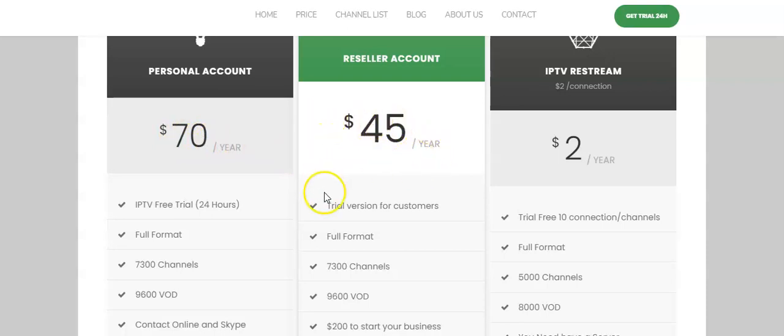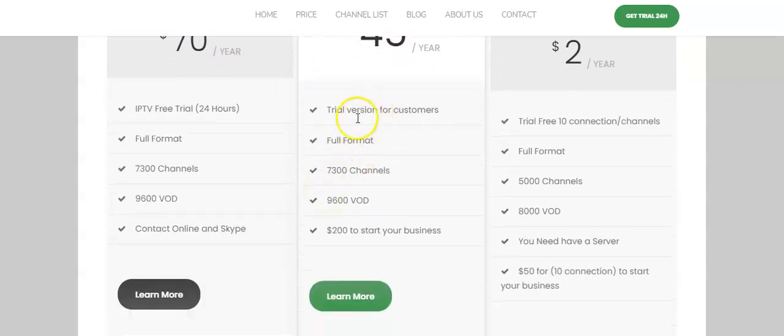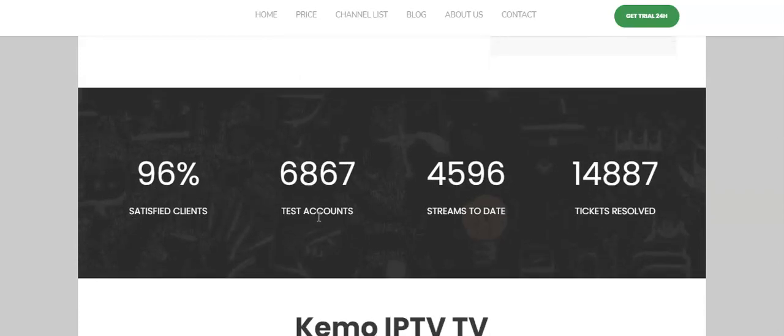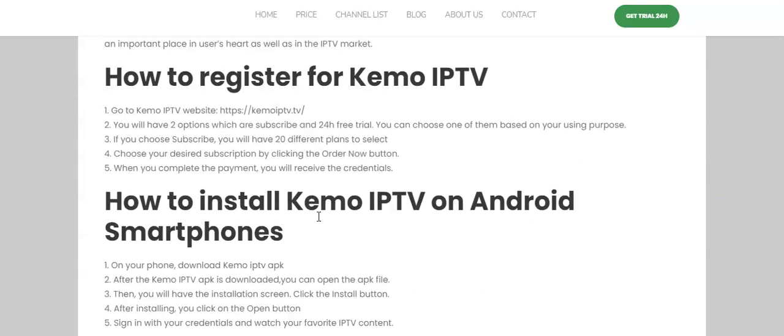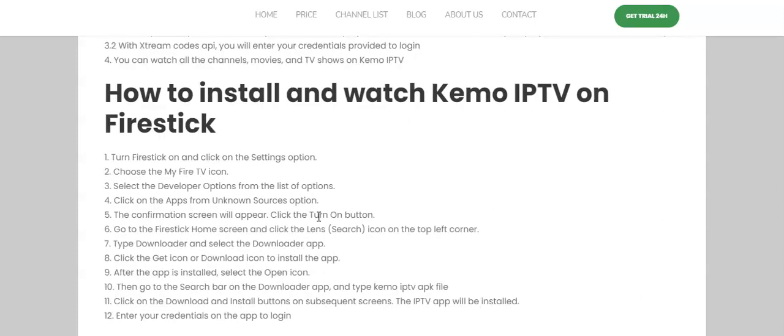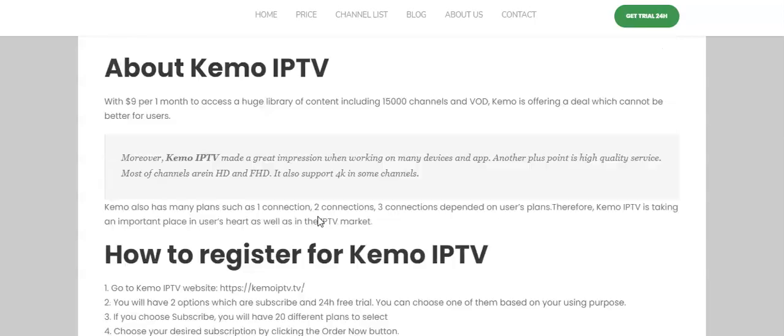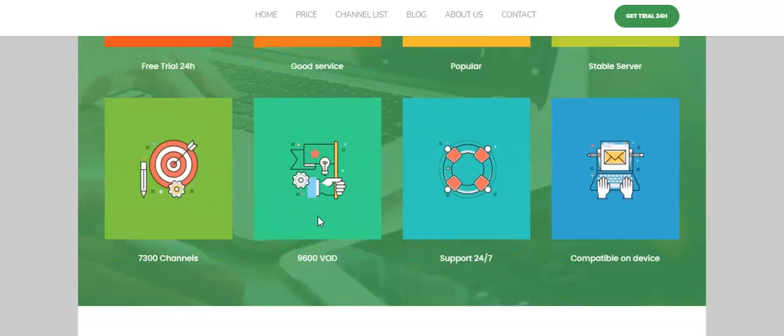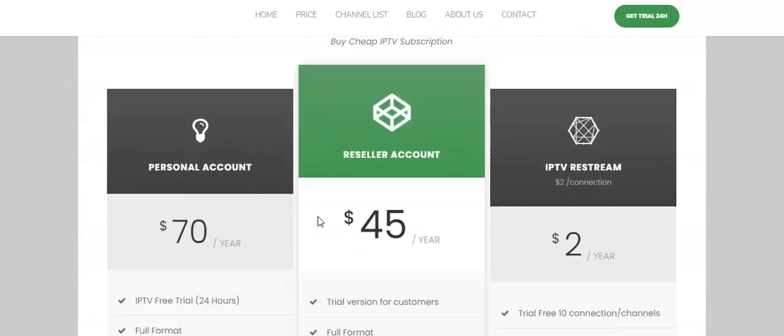So what does this mean? People get 7,300 channels. I don't know how many I've read over here, something like 30,000 different shows or movies. So it's kind of the same thing as Netflix, but Netflix, I think, is $12 a month.